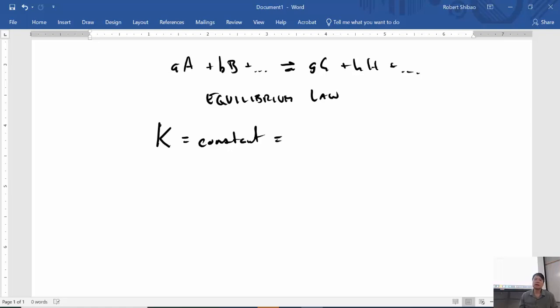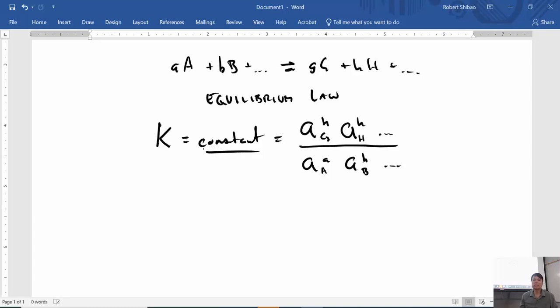K is a constant, and it follows a pattern, and the pattern is that the activity of the products, A_G to the g, A_H to the h, dot, dot, dot, over the activity of the reactants, A_A to the little a, A_B to the little b, dot, dot, dot, is a constant. And we call this K_eq, the equilibrium constant. And that's what it is.